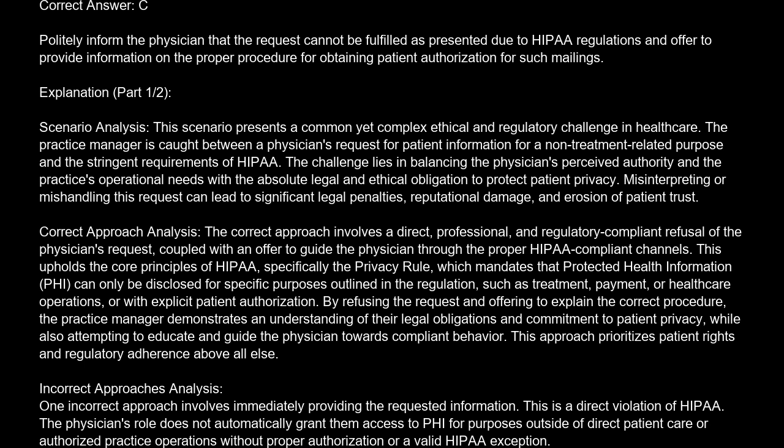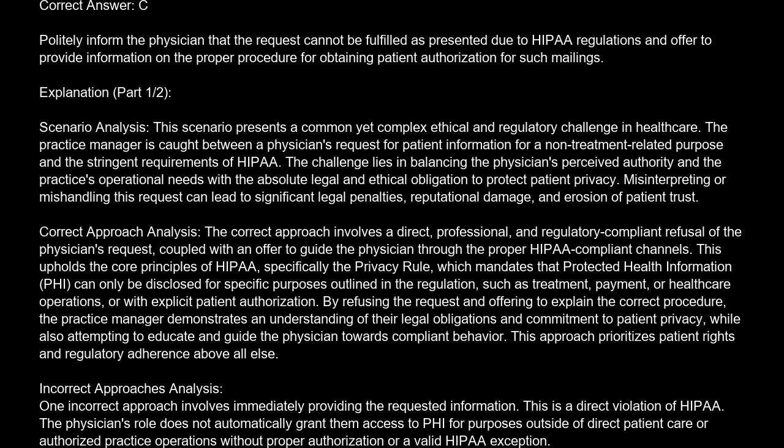By refusing the request and offering to explain the correct procedure, the practice manager demonstrates an understanding of their legal obligations and commitment to patient privacy, while also attempting to educate and guide the physician towards compliant behavior. This approach prioritizes patient rights and regulatory adherence above all else.